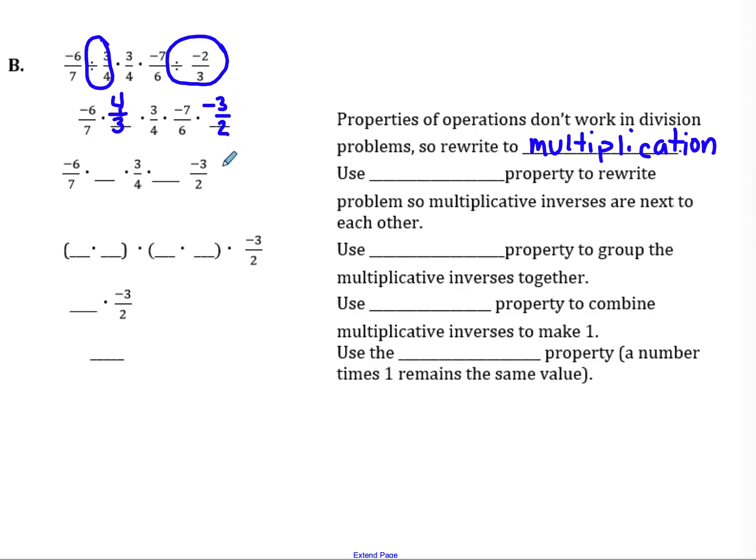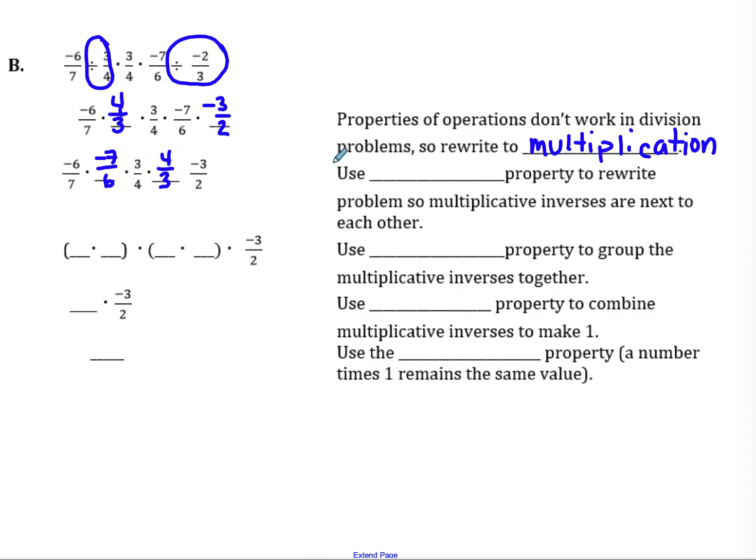All right. Now we look to see if we have any inverses that we can put next to each other. This one happens to have 2 sets of multiplicative inverses: negative 6/7 and negative 7/6, and 3/4 and 4/3.